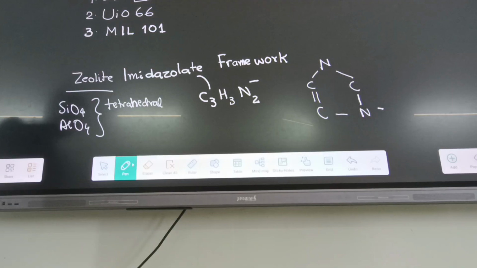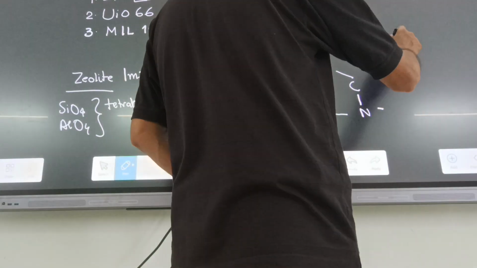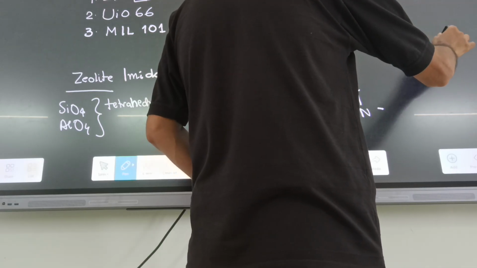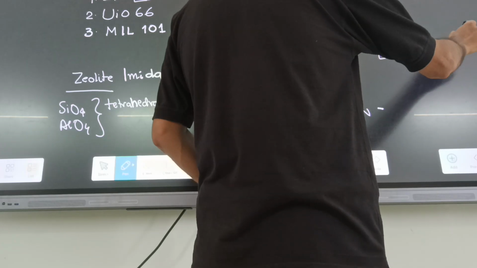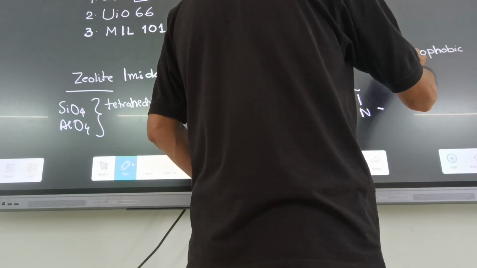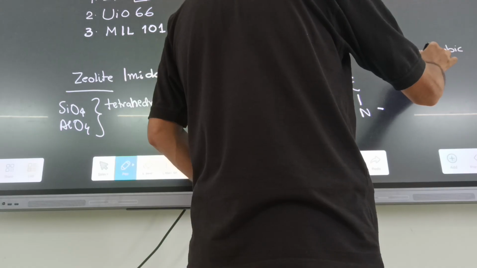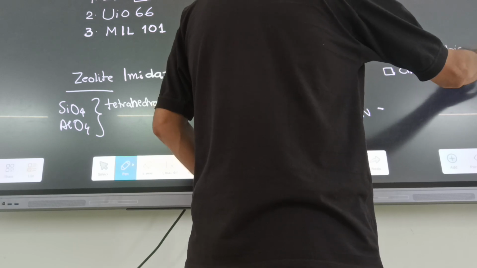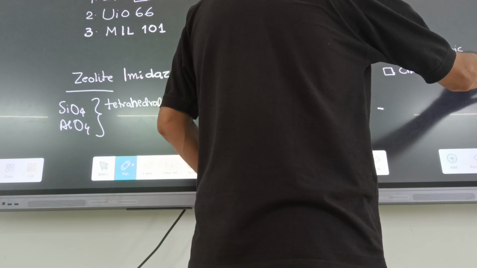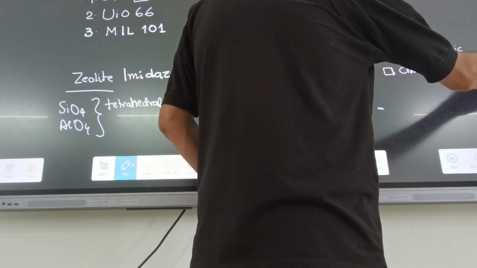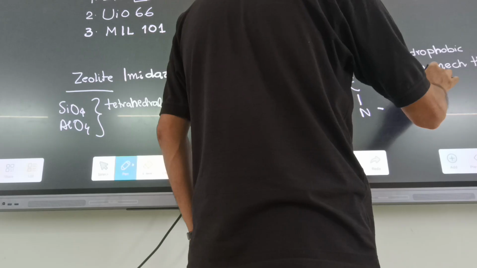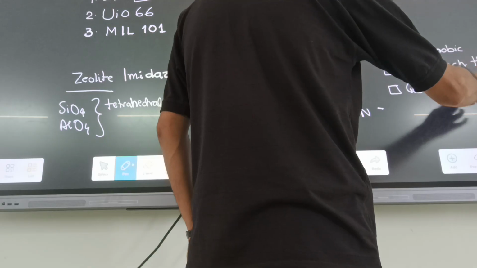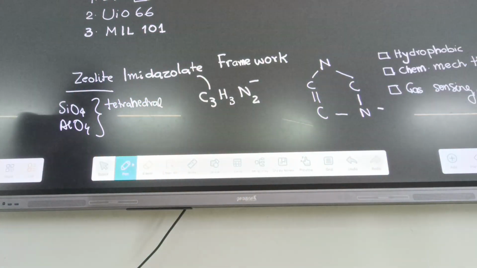So this is how it looks like. So इसका जो खासियत है, it is hydrophobic in nature. And it is chemically, mechanically and thermally stable. And it is used basically in gases. So this is one of the ZIF8.